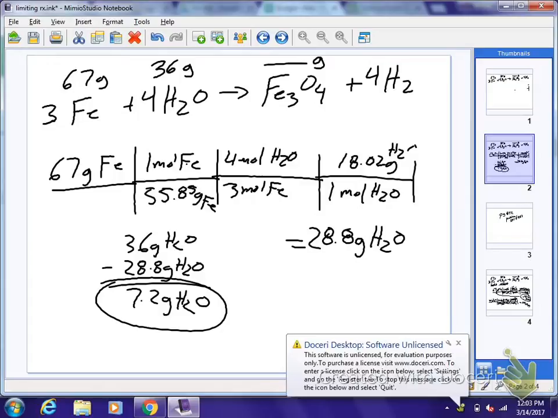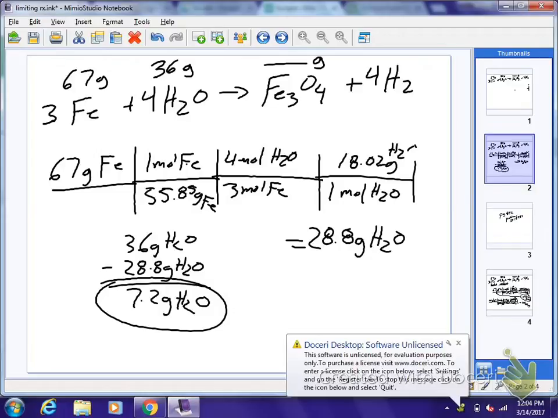The question's asking you, how many grams of water remains unreacted? And some people will say, well, 28.8 grams. No. What is the 28.8 grams? What does that represent? That represents how much reacted.